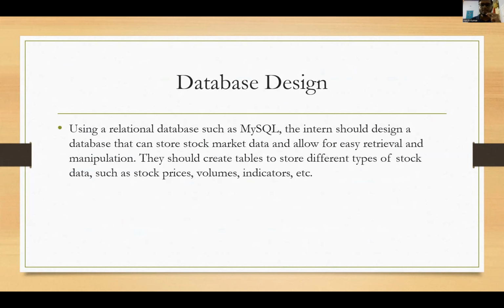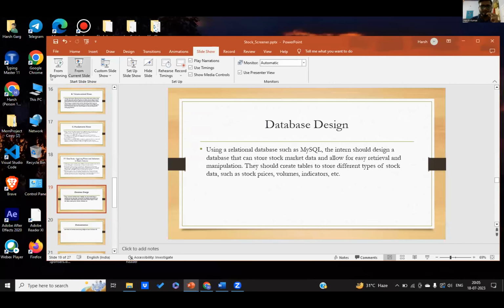So we have come to the part where we will design the database considering all the parameters and all the points that we have already discussed, like the stock filtering parameters, technical analysis, and all those things. I have used a MySQL database, and we can see it.